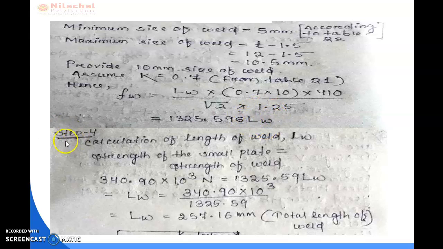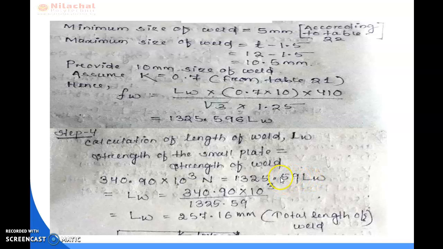Let's come to step 4, in which we have to calculate the length of the weld, LW. For that, we equate the strength of the small plate to the strength of the weld. The strength of the small plate is 340.90, which is in kilonewton, so we multiply by 10 to the power 3 to convert it into Newton. This equals the strength of the weld, which is 1325.596 LW.